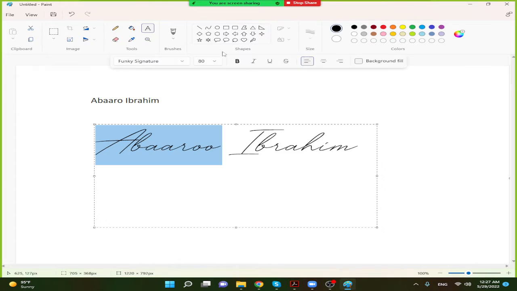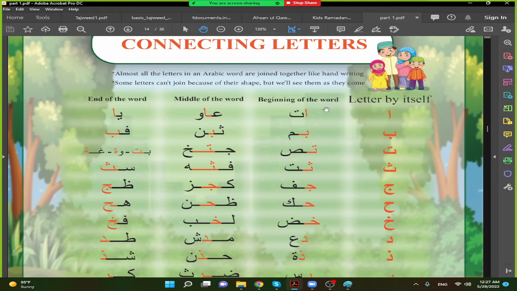In Arabic we are not going to see the word separated like that; they are always connecting with each other. Do you understand that? And this is why we learn the four forms of the letter: every letter in connecting writing or in separate writing has four forms. Letter by itself, in the beginning of the word, in the middle of the word, and at the end of the word.